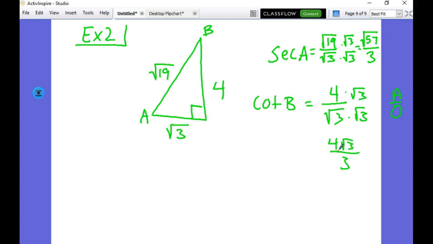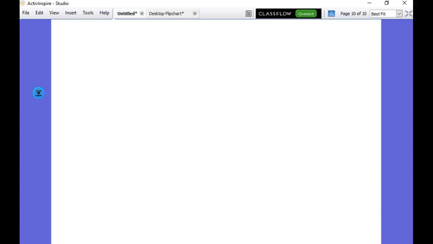Because the 4 is not a square root, so you just put them next to each other. All right, so there you go. It seems to me like you guys have got that down pretty decently. So the trick there is remembering your trig ratios. SOHCAHTOA is really nice, but you're going to have to do something about the secant, cosecant, and cotangent, right?